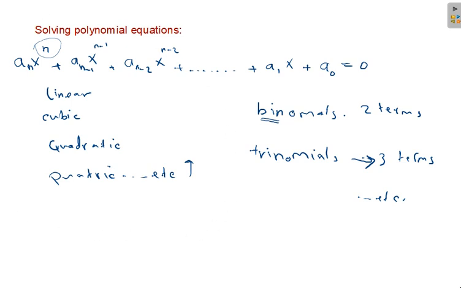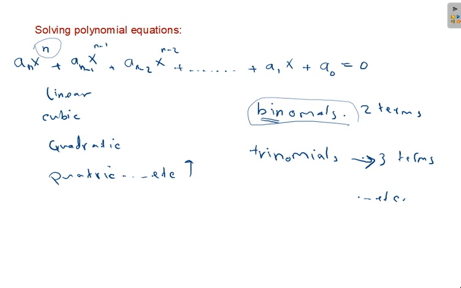The method used to solve them depends on the number of terms and the degree. The simplest and easiest are binomials, which can be solved either with factorization or by simply isolating the variable from the constant, and that's it.